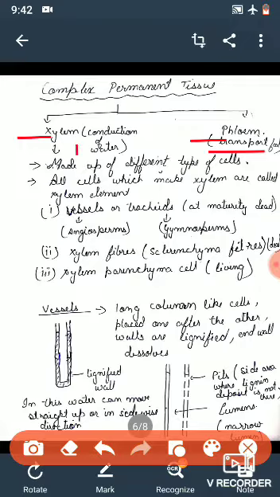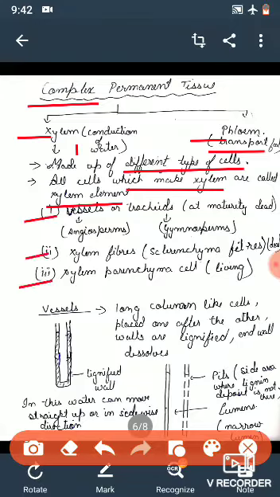Xylem is a complex permanent tissue, so it is made up of different types of cells. That's why it forms a complex tissue. All the cells which make up the xylem are called xylem elements: vessels and tracheids, xylem fibers and xylem parenchyma.